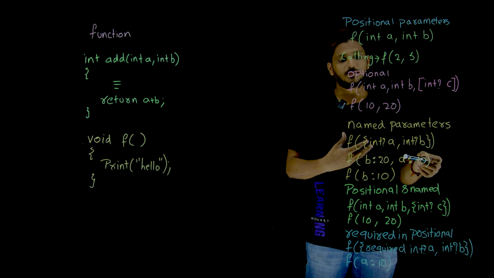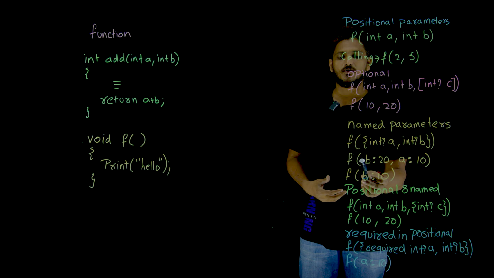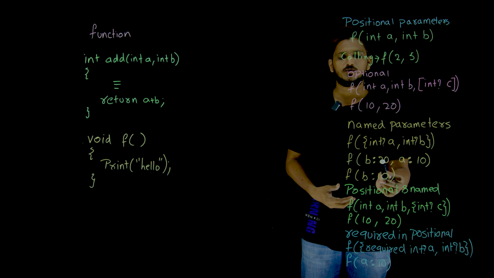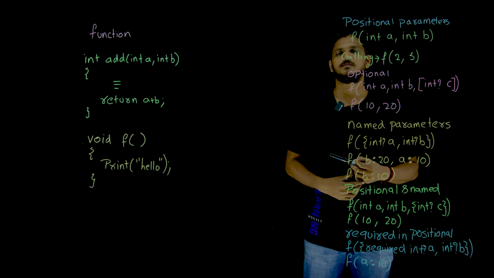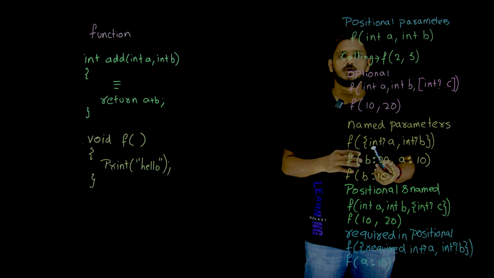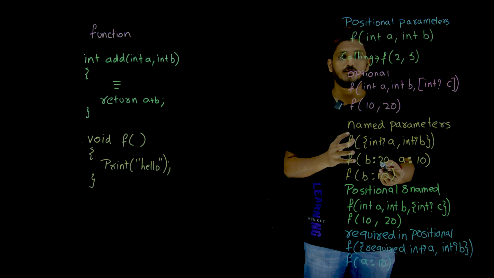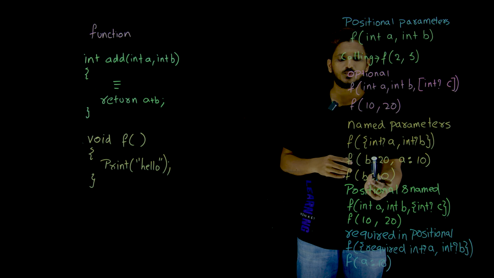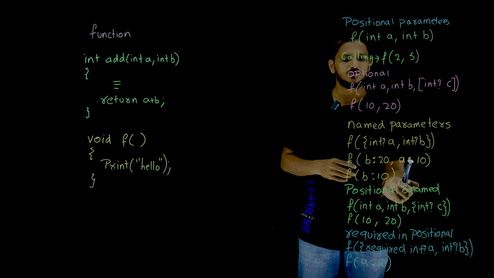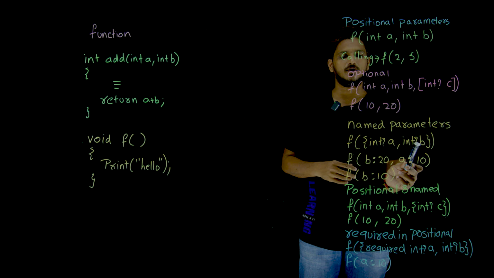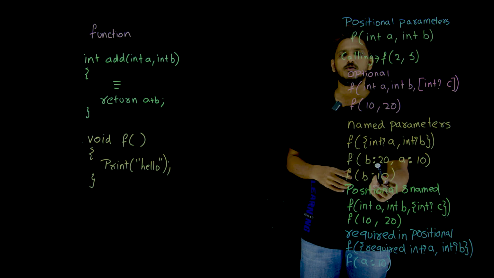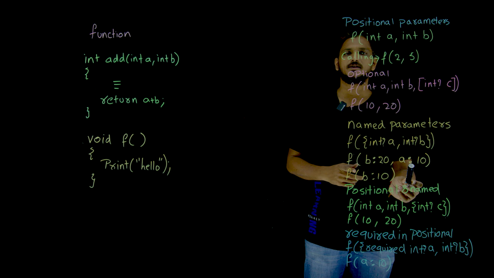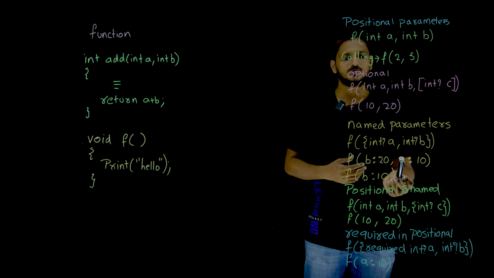You can pass the values during the function call: f(b: 20, a: 10). There is no need to follow the order of definition because these are named parameters and we are calling them using the name. First one is a, second one is b, but during the function call we mentioned b first and a second. It's not a problem because you mentioned the name. a is assigned to a, b is assigned to b.